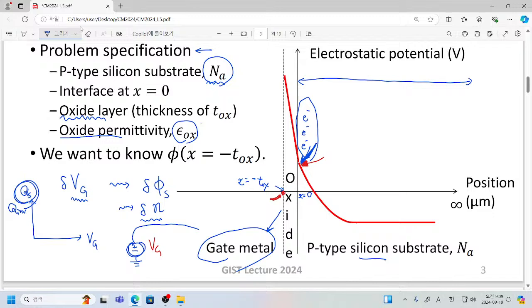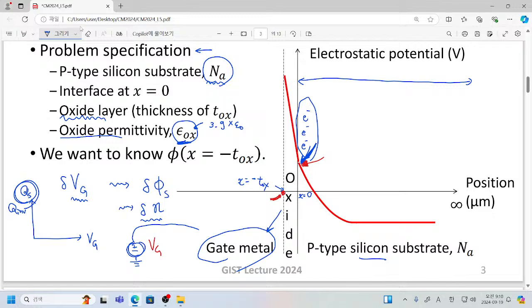Sometimes it can be treated as a relative quantity, but in this presentation I will treat this number as just permittivity. It means that, for example, it can be regarded as 3.9 times our vacuum permittivity. So please understand this is the real permittivity, not a relative one.